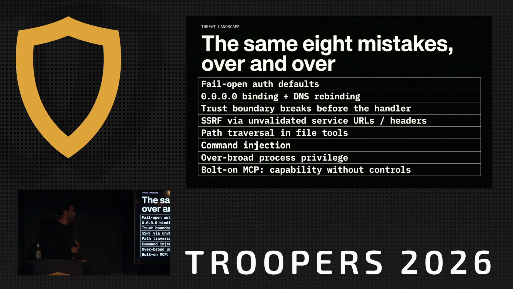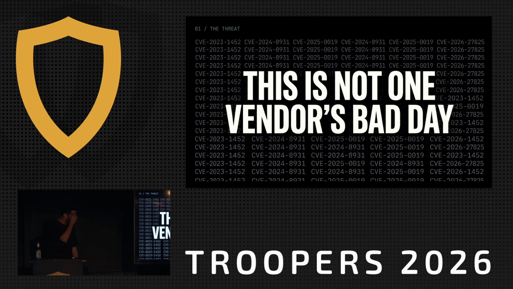SSRFs, path traversal in file tools, things that are not novel, not innovative, but they simply exist because it's new, because the best practices are being written as we speak, and that's the result.